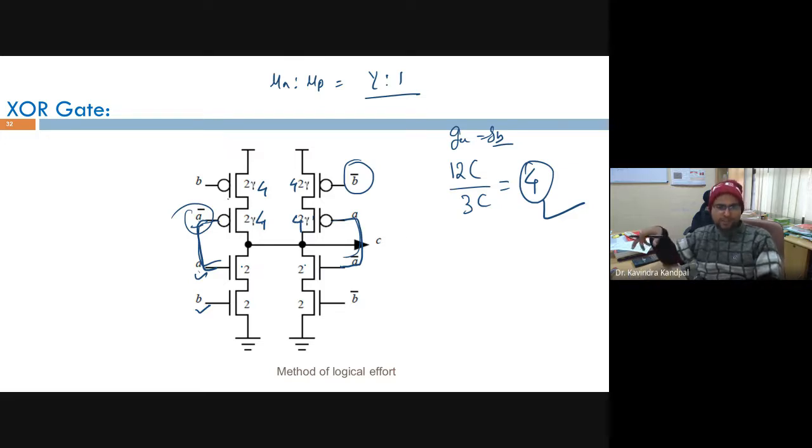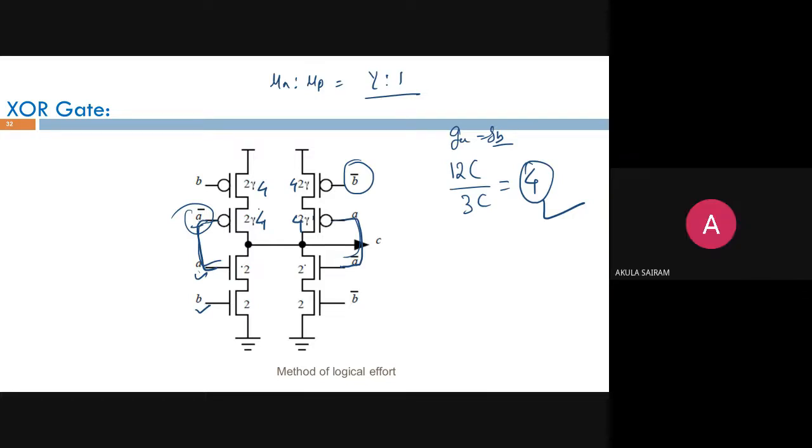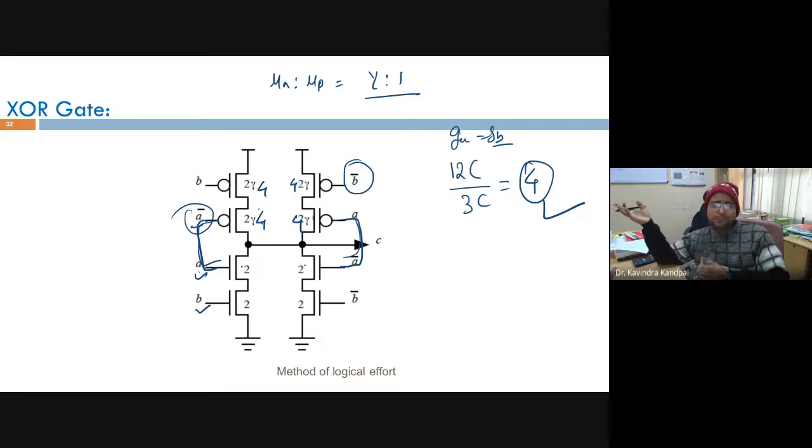You're generating the A bar from the A itself. You're getting my point, all of you? You also know that you will be generating it through the inverter. It is not making a difference because the inverter has a logical effort of 1.